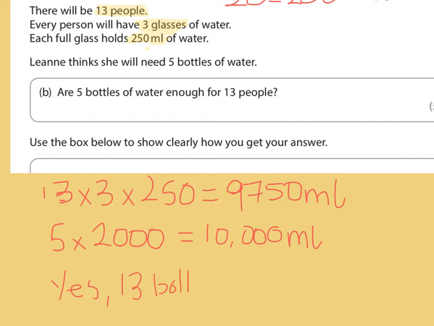Be as clear as you can with your explanation. If you do your exam on a computer, it usually gives you a box to tick yes or no, which I think is really useful, and that's as clear as you can be. If you're writing it, make sure you write the answer. Write it in a sentence if you can.